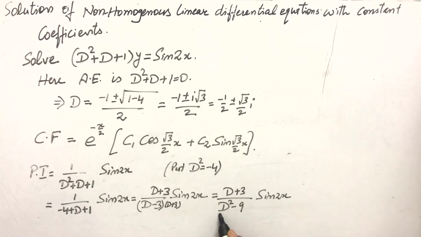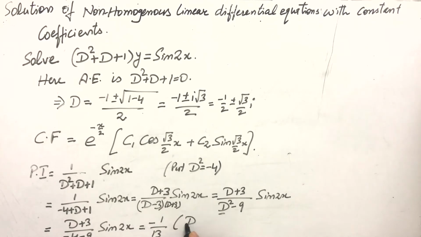So again we put D square as minus 4. So D plus 3 upon minus 4 minus 9, sine 2x. So that is minus 1 by 13 times (D plus 3) of sine 2x. And very easily we can apply this operator here.